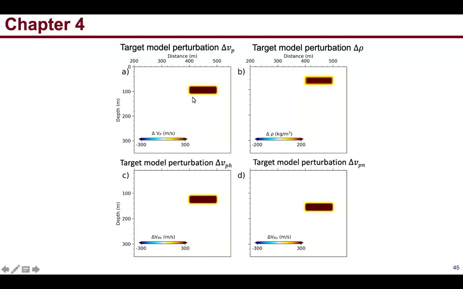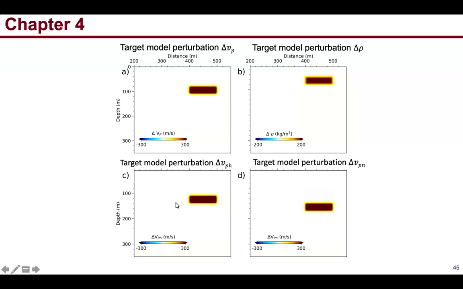So here we generate a synthetic model like this. Figure A is the model perturbation of VP. Figure B is the model perturbation of the density, figure C is VPH, and figure D is VPN.